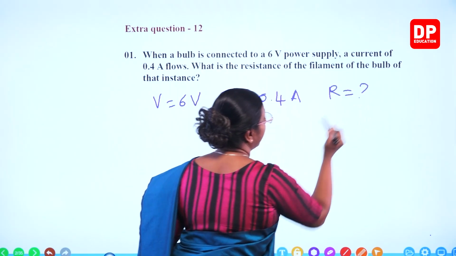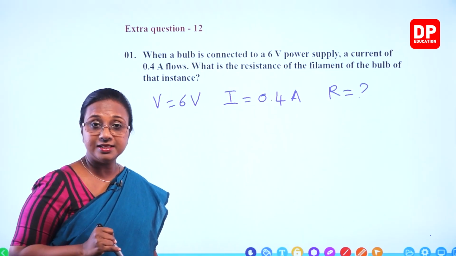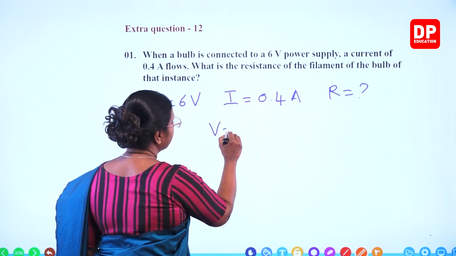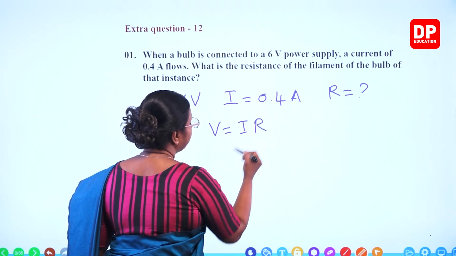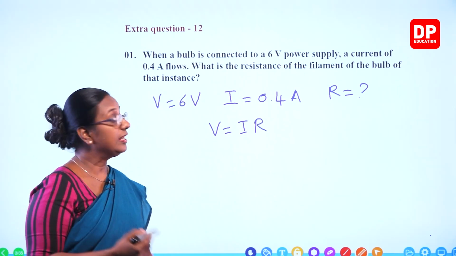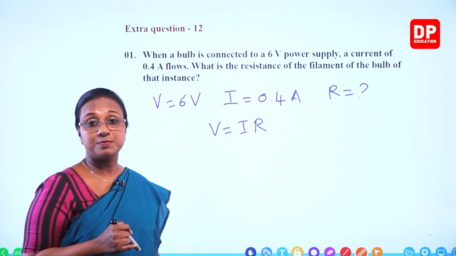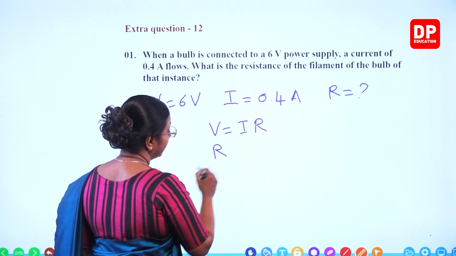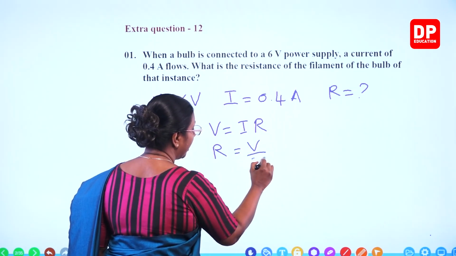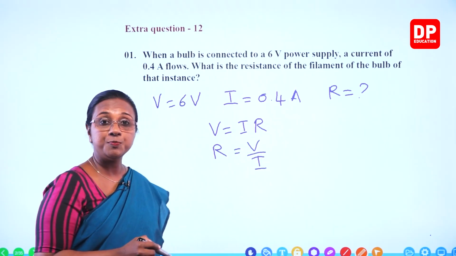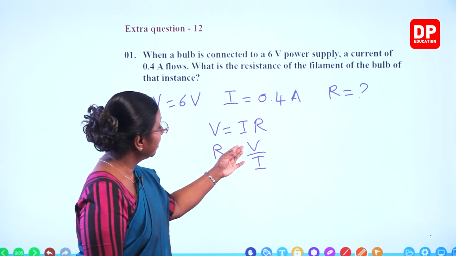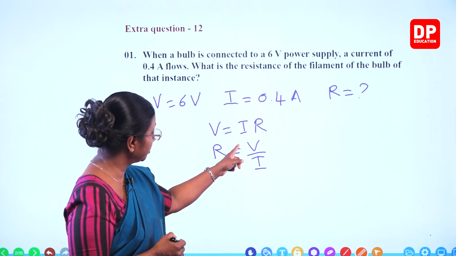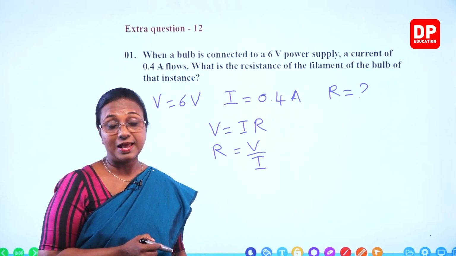resistance R. So like I said in the previous question, the same equation. V equals IR. But what do we need to do? We need to make R as the subject because we need to find R. So you can rearrange first. R is equal to V over I. This is the relationship, no? At constant temperature, current flow through a conductor is directly proportional to the potential difference applied across it.